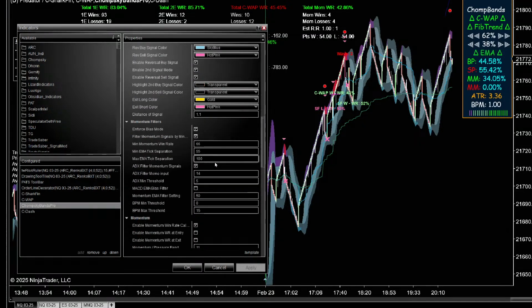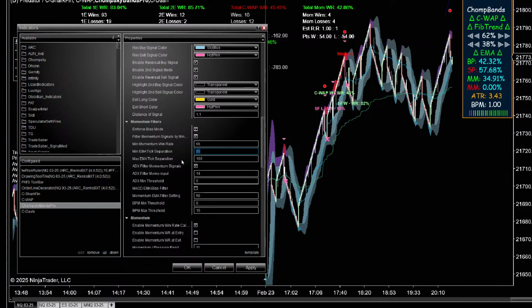Our momentum filters we have right now, it won't even take these because we have the win rate set to 66% as a minimum. Our minimum tick separation right now is at 55. We might try dropping this a little bit.